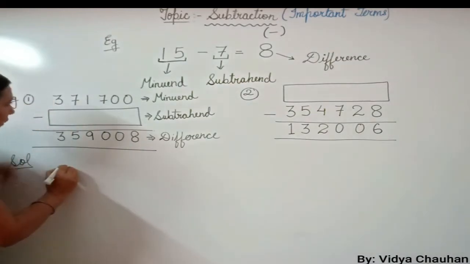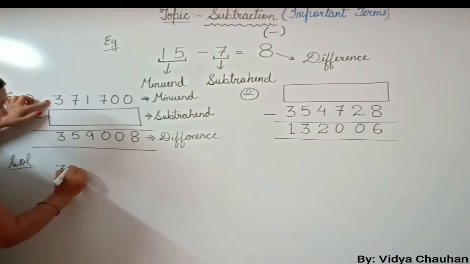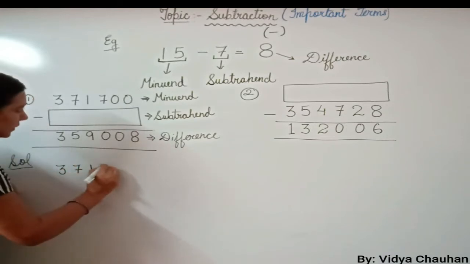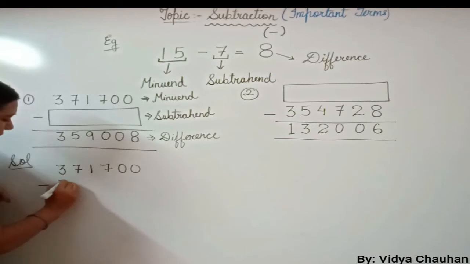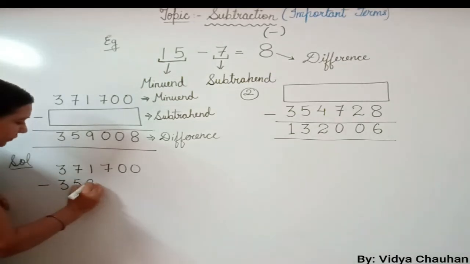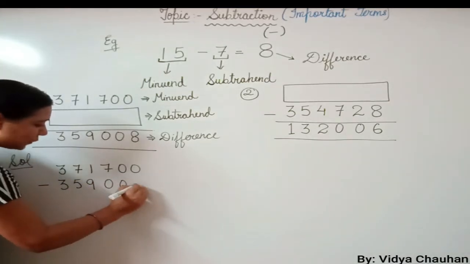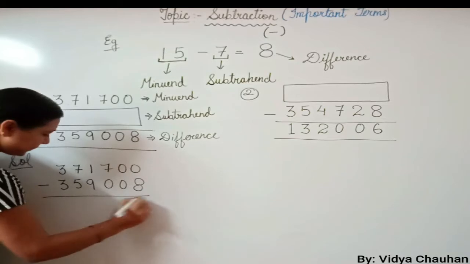Here you will write 371,700 and subtract the difference 359,008 from it.